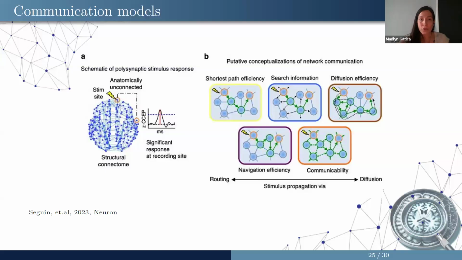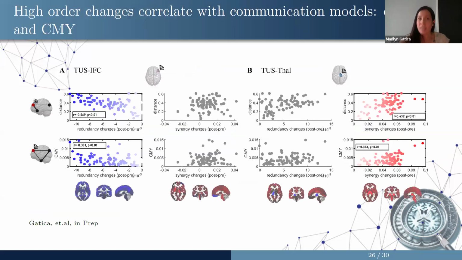So far, I will just show the ones that were statistically significant for the two different targets. No matter if we stimulate the inferior frontal cortex or the thalamus, we observe that in the case of the distance or the communicability, we have these different effects that were statistically significant and more explanatory.